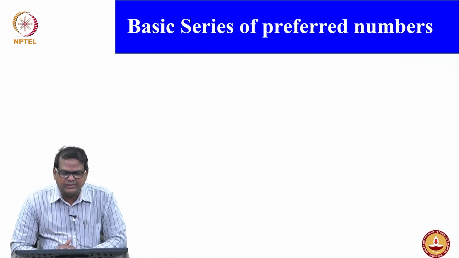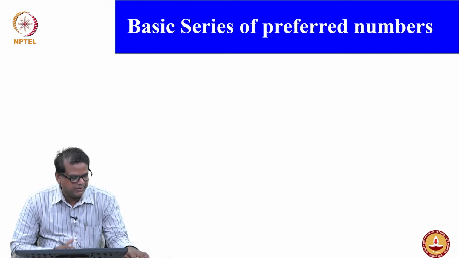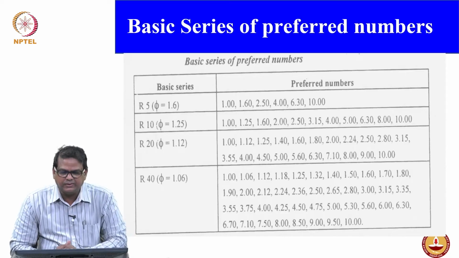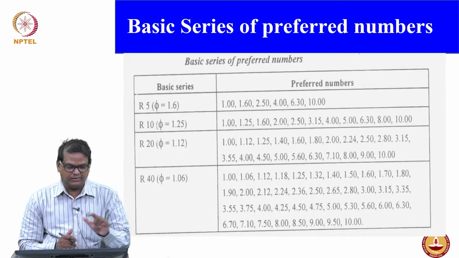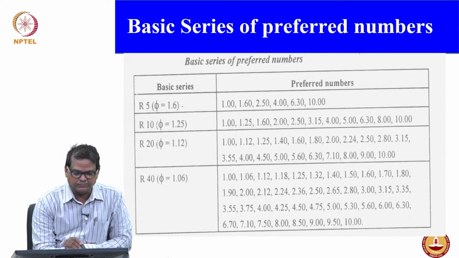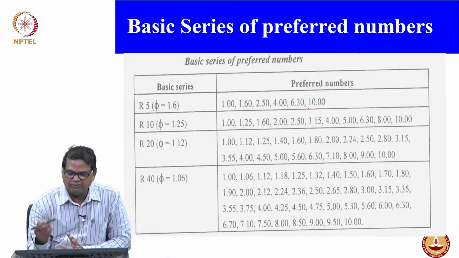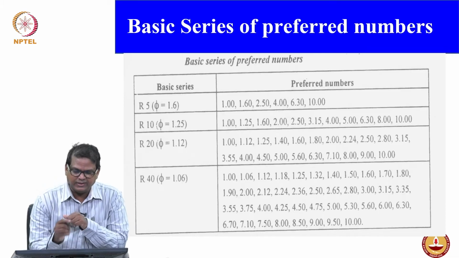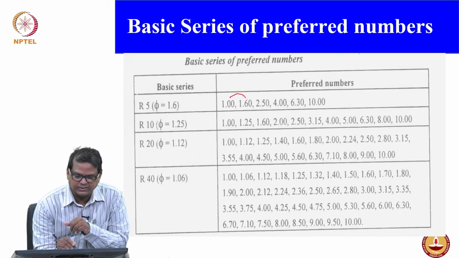Now the basic series of preferred numbers, as I explained, R5, R10, R20. Now you can see that these are the speeds for the corresponding given series. R5 has the ratio 1.6 and the number of available numbers is 6. And one more thing, if you take the ratio between two adjacent numbers, that should maintain the step ratio.